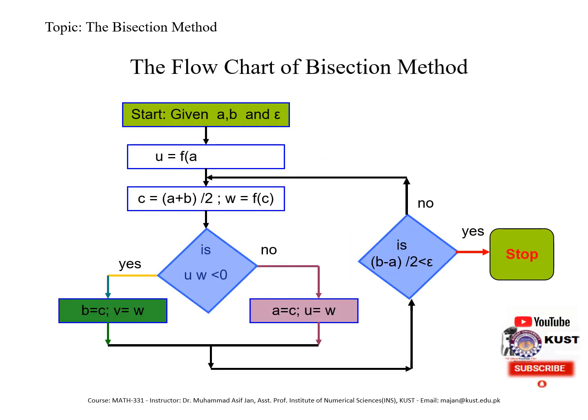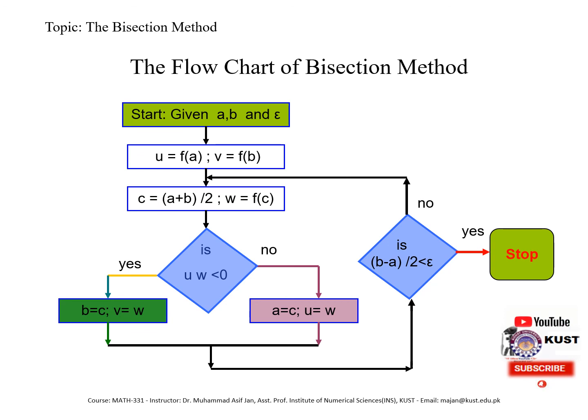In this slide, the flowchart of the bisection method is given. Let's have a look at it. Given the points A and B of the initial interval and stopping tolerance epsilon. If we denote the function value at point A with U and at point B with V, and the function value at the midpoint C with W, then if the product of the function values at point A and at point C is negative, that is UW is negative, then C will become the point B of the new interval.